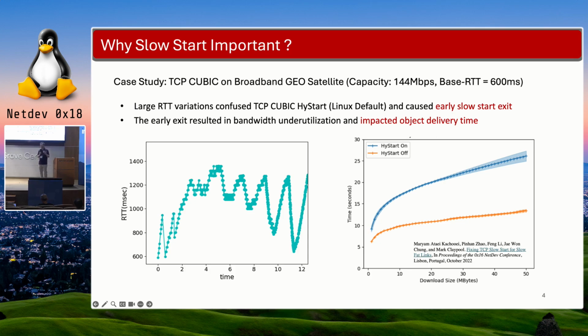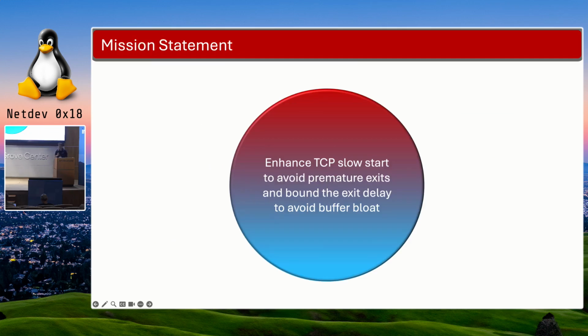So we have the problem here. If we disable HyStart, we end up with buffer bloat. If we enable HyStart, the TCP slow start exits prematurely, and we have very low link utilization over the satellite link. So that's why we are doing this. We try to find a new slow start algorithm which can exit at the right point and avoid any buffer bloat.